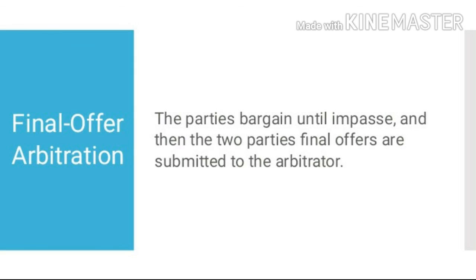Under traditional arbitration, the arbitrator is then free to impose a settlement at any point he or she wishes. But under final offer arbitration, the arbitrator has only two choices for the imposed settlement: the two parties' final offers, and the arbitrator must select either one as the imposed settlement.